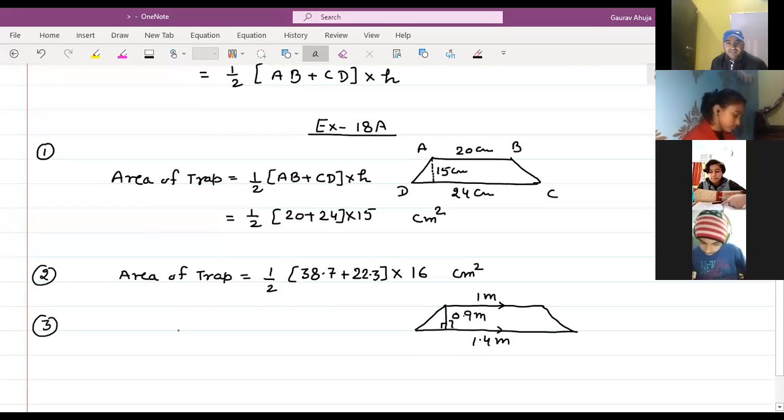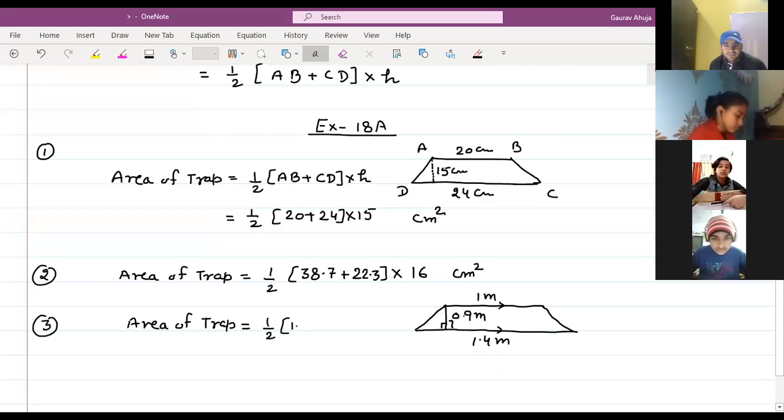Now we can find the area of trapezium easily. Area of trapezium is half sum of parallel sides into height. As the unit is in meter, the answer will come in meter square.